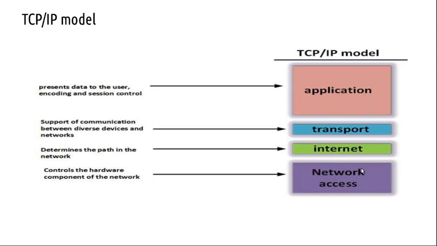We'll come to that. The application layer provides a user interface, encoding, all those things. If you observe, this is combining the functions of the presentation layer and the session layer, dialog control, all those things. All this is put in this box. Then the transport layer is between diverse devices.